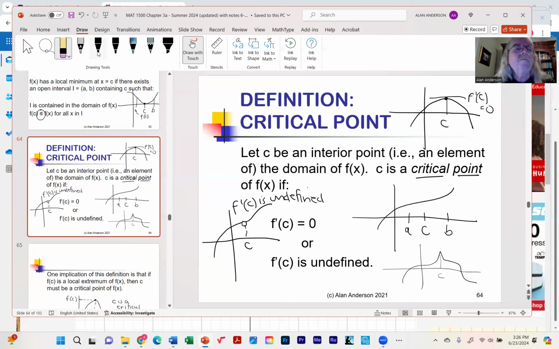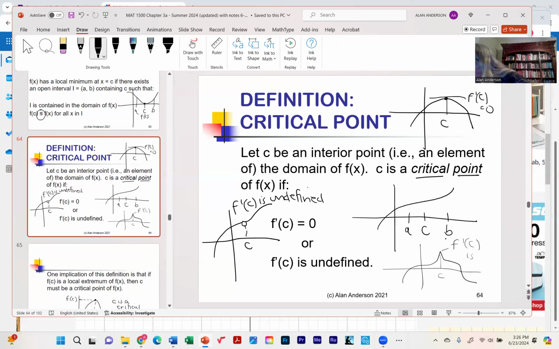Let's leave that out. At this point, f prime of c is undefined. The whole idea of a derivative is that you're approaching a point where the changes from either side are getting smaller and smaller and getting close to that value. We'll go over this more later on, but if we have a sharp break in the curve like that, then the derivative is undefined.